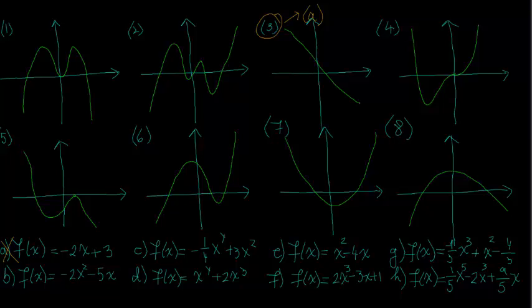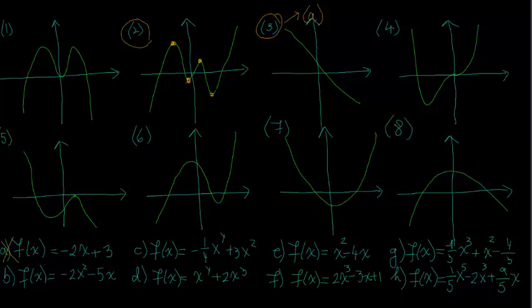Another graph that sticks out is number 2, because it has a very high number of local max and local min, namely 1, 2, 3, and 4. Remember, if a polynomial has degree n, it can have at most n minus 1 local max or min. So this has 4 local max and min, which means this should be at least a polynomial of degree 5.